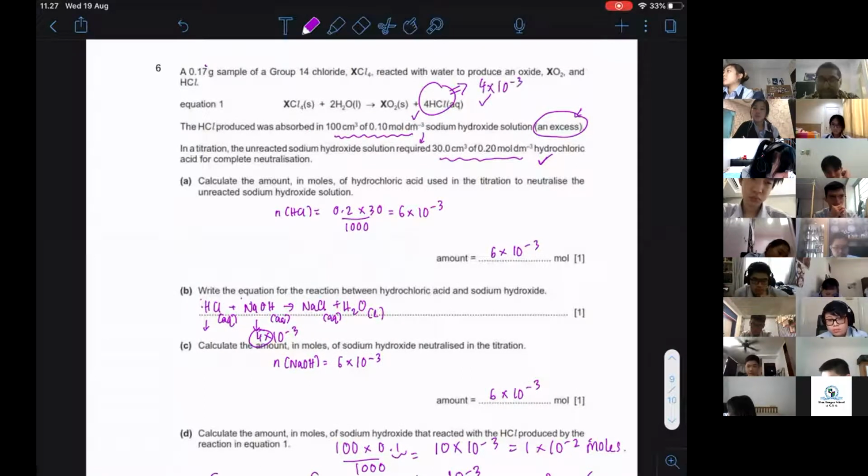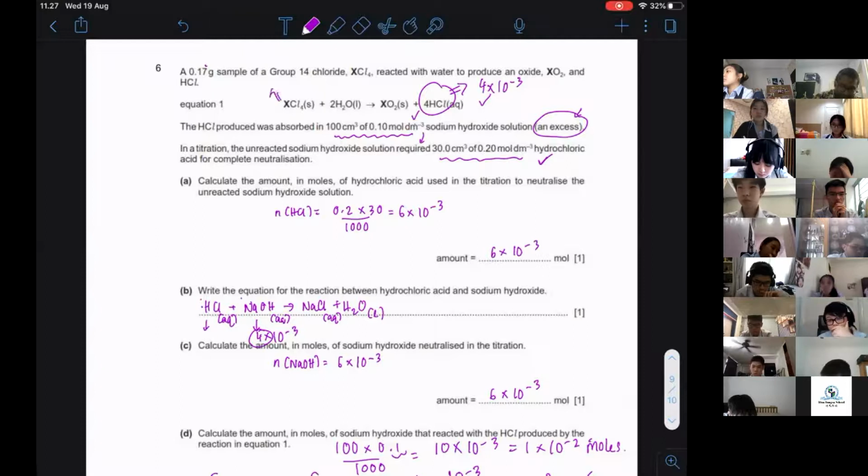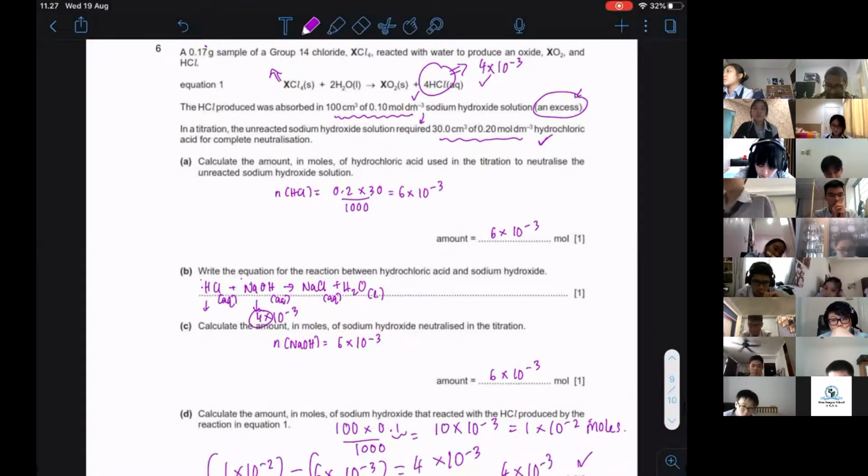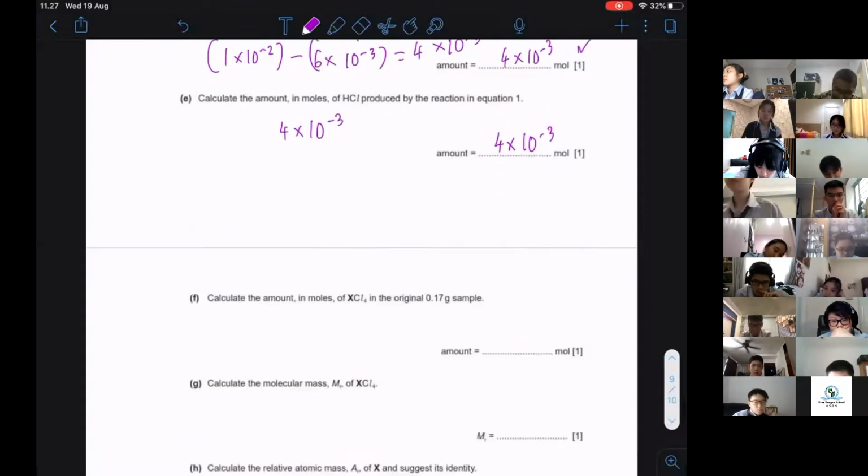One of the common mistakes that students do is, oh, I found HCl, so I have 4, and I go and times 4 some more. No, it doesn't work that way. It means this 4 HCl that you produce is 4 times 10 -3. Very important. So now this is going to be 1/4 of that value. So you divide by 4: 4 times 10 -3 divided by 4 is 1 times 10 -3.